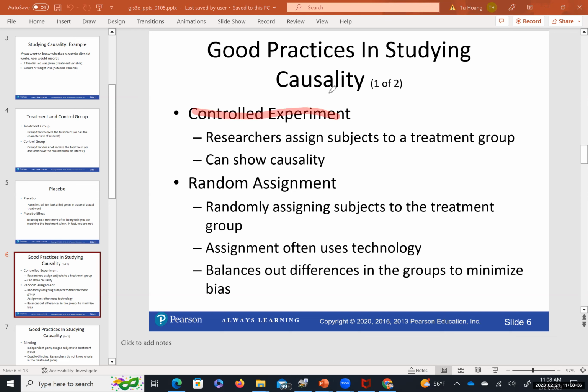In a controlled experiment, the researcher assigns subjects to the treatment group, and it can show causality. Then there is random assignment, which is randomly assigning subjects to the treatment group.